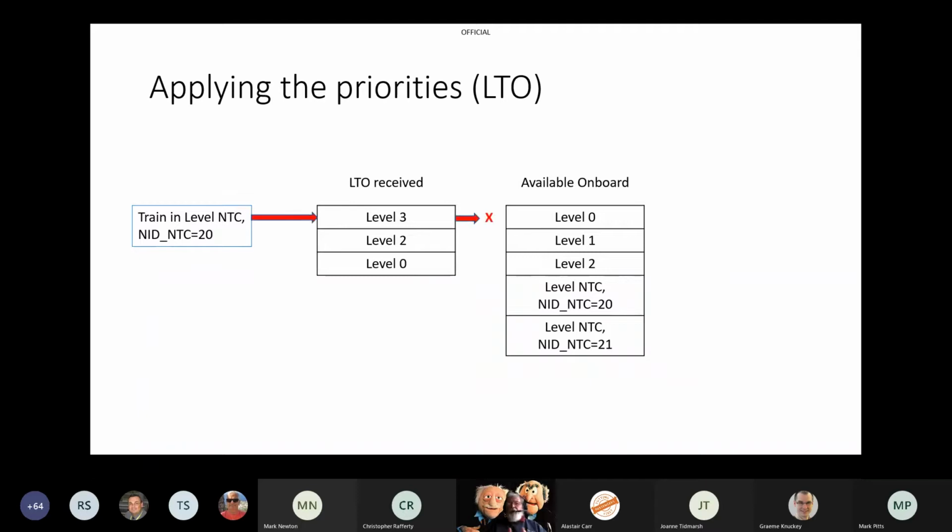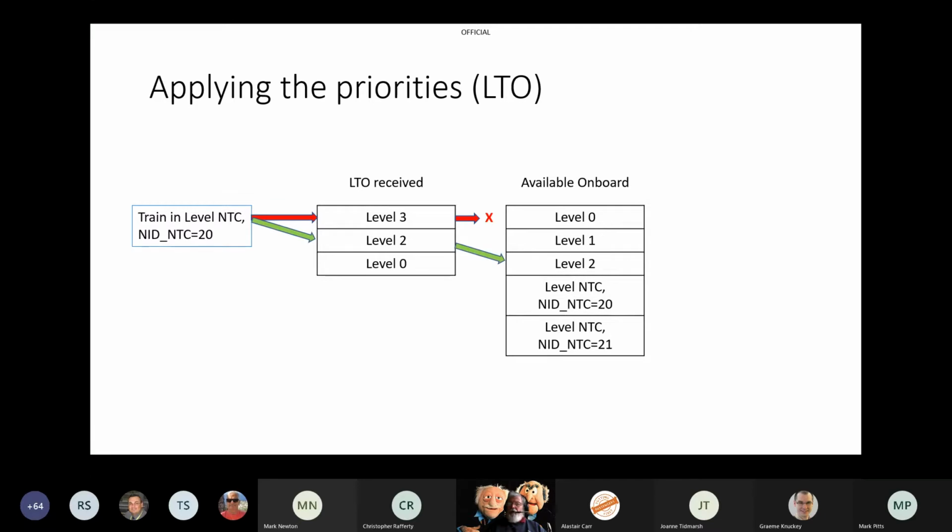So our train is in level NTC and it receives the LTO and it will start at the top of the priority table. It will say, okay, level 3 is the first priority. Is level 3 available on board? And in this case, it is not available, so it'll be discounted.